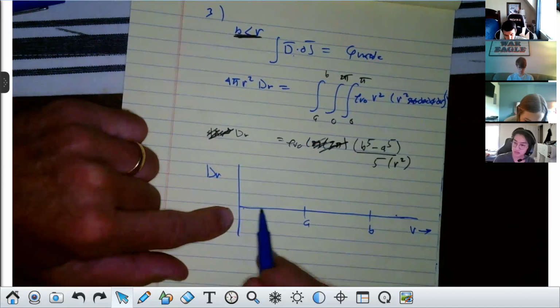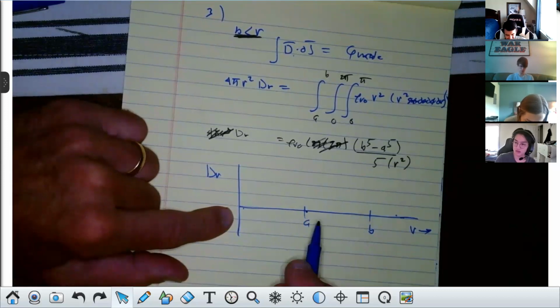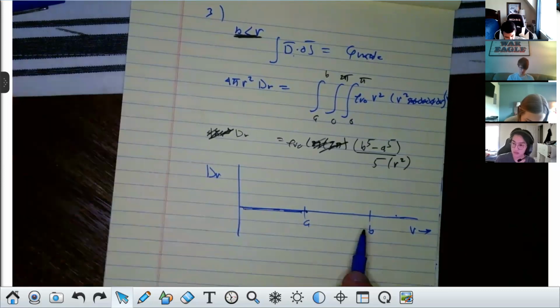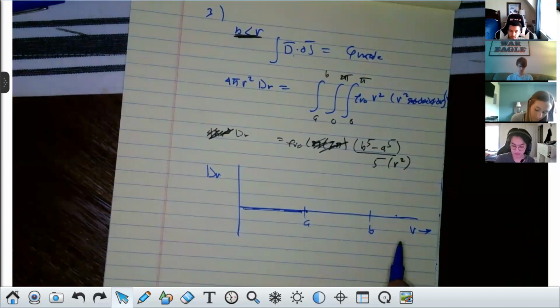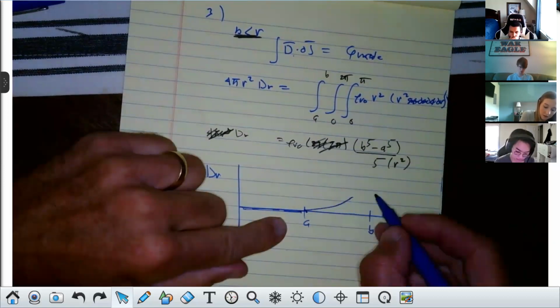From 0 to A, anyone? Zero. Yeah, 0, thank you. Now from A to B, it has that funny one. It's like r to the third minus 1 over r squared kind of deal, right? You can plot this out, but it's basically going to come up like this, I believe.